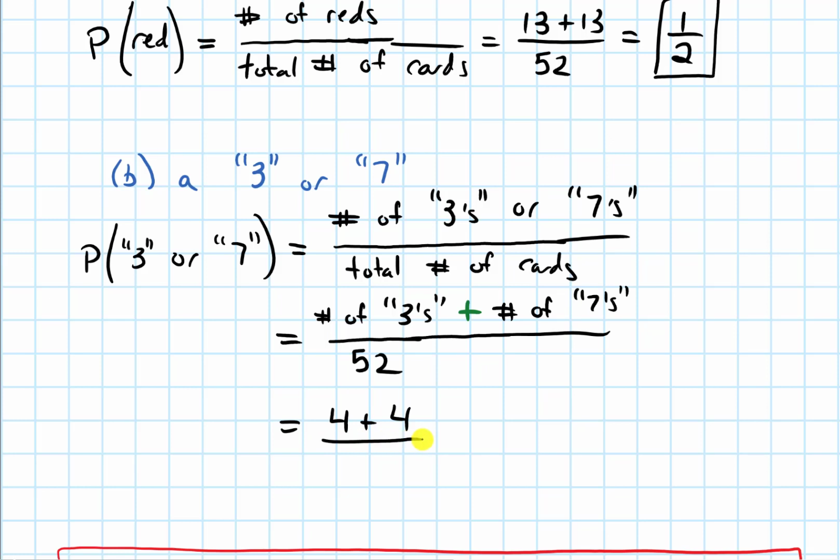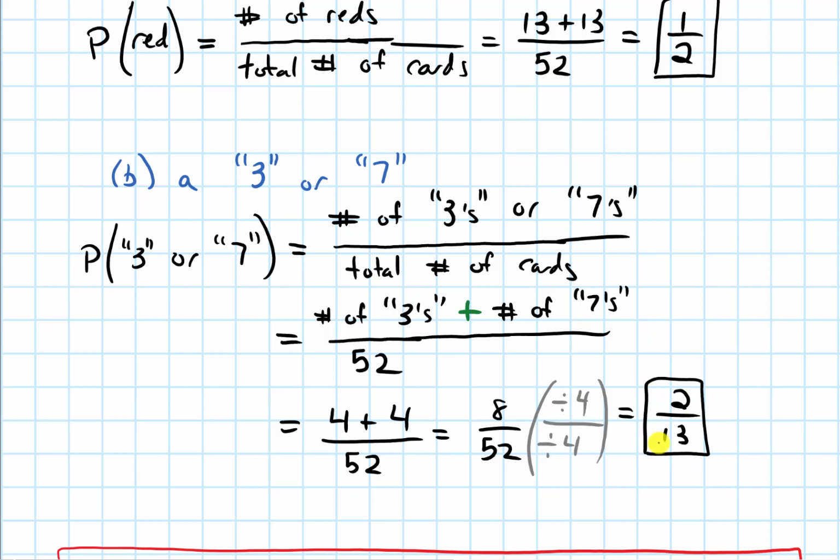So all over 52. So this becomes 8 over 52. And I could simplify this fraction a little bit. I noticed that I could divide 8 and 52 both by 4. And if I divide them both by 4, we end up with 2 on the top and 13 on the bottom. And that is our probability.